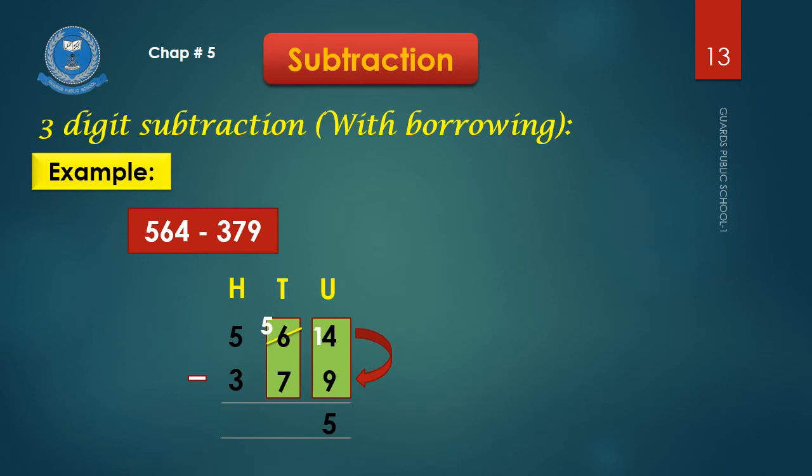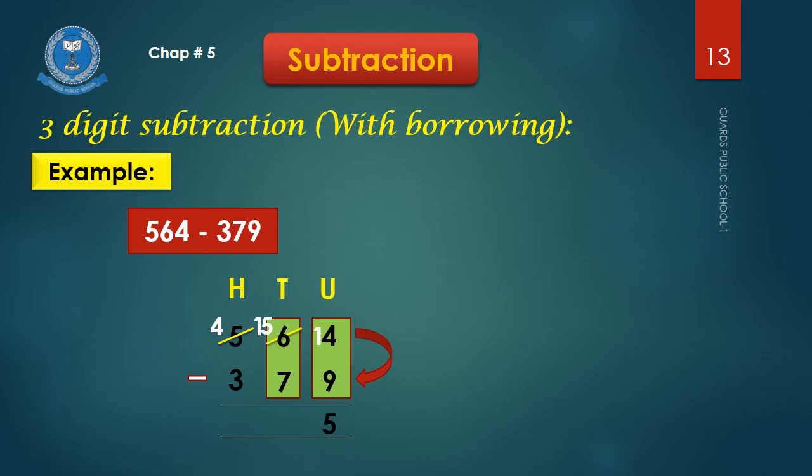Is it possible, students, to subtract 5 minus 7? No. So, what will we have to do? Right. Once again, 5 will borrow from hundreds. When 5 borrows, it will become 15. Since the 5 in hundreds has given 1, it becomes 4.